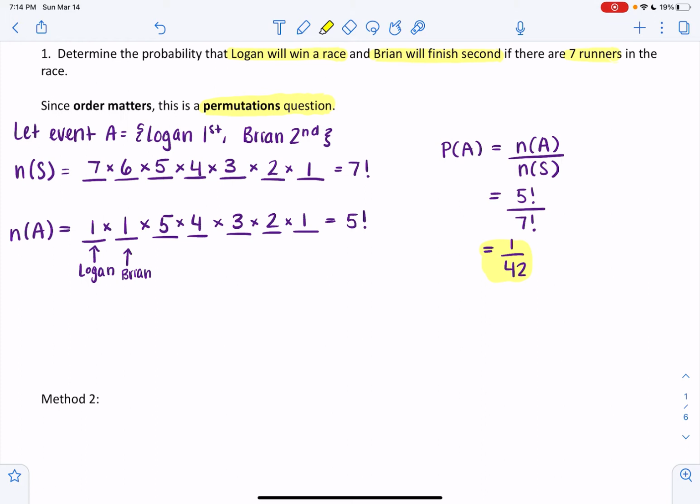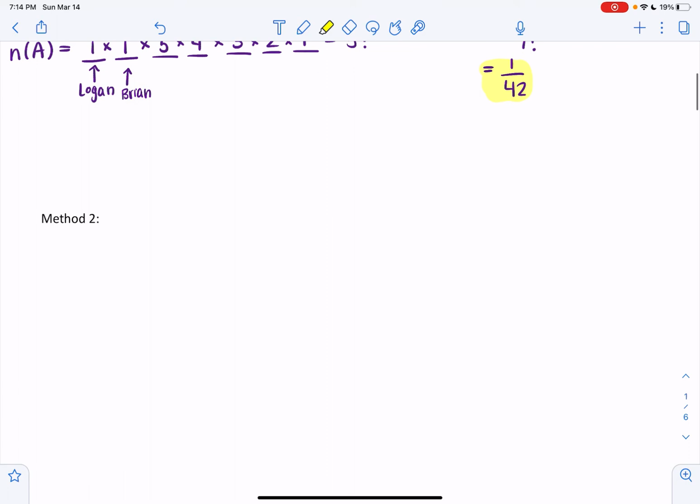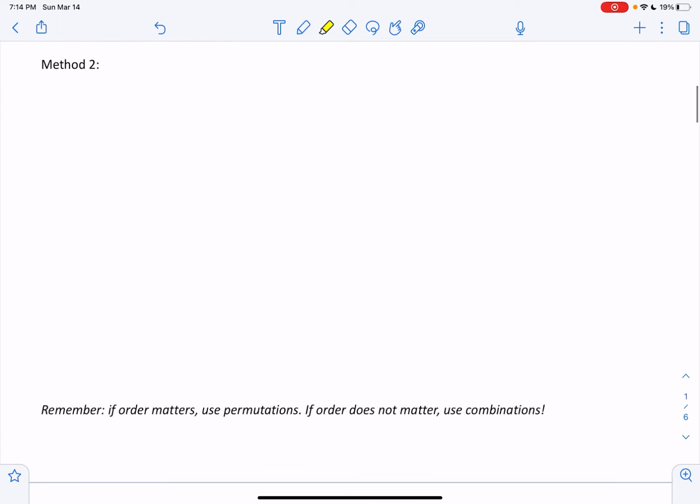It doesn't really matter who gets 5th, 3rd, 4th, any of those. So for method 2, let's just look at first and second. So again, we'll define our event. We'll let event A be Logan in first, and Brian in second.